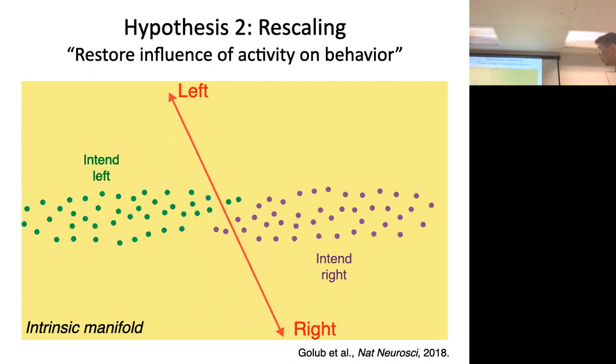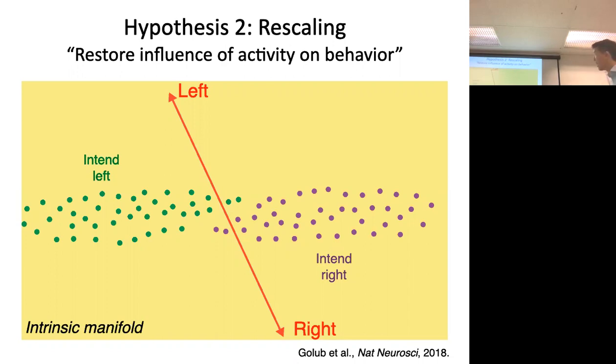So we also tested 2 other hypotheses. The second hypothesis is called rescaling. You can think about this as restoring the influence of neural activity on behavior. Remember that the original mapping was like this. Previously, under that mapping, changes in neural activity along the horizontal direction here would have big changes on where the cursor would go.